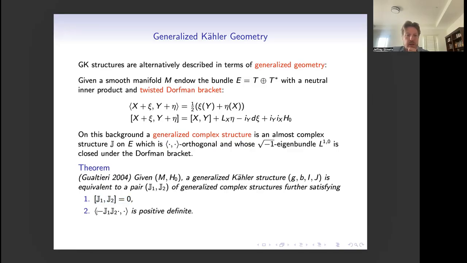They commute, and then moreover, there's this positivity condition: this tensor should be positive definite. In particular, this minus J1 J2 defines a generalized metric. And then all of the integrability conditions are wrapped up in the fact that J1 and J2 are integrable generalized complex structures.